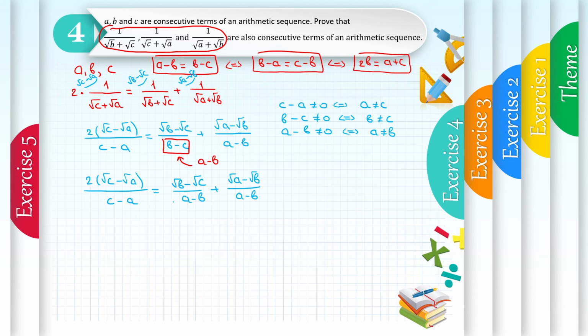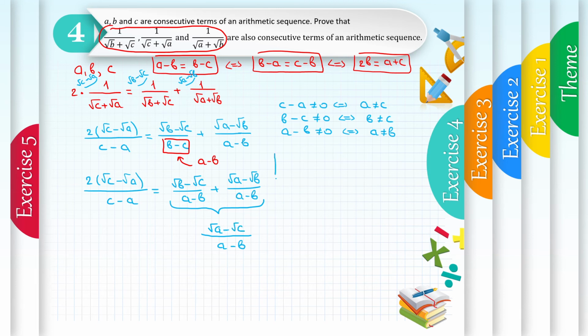But the right side of this expression is the sum of two fractions, and we'll obtain that the value for the right side is the square root of a minus the square root of c.